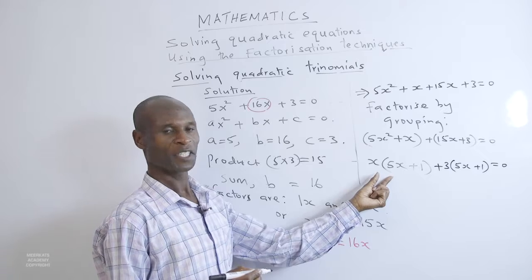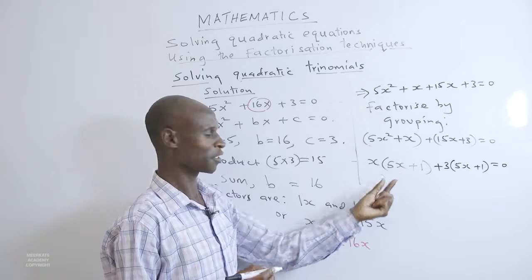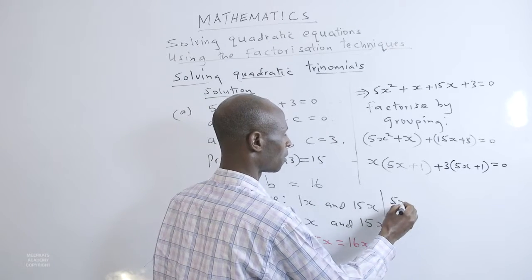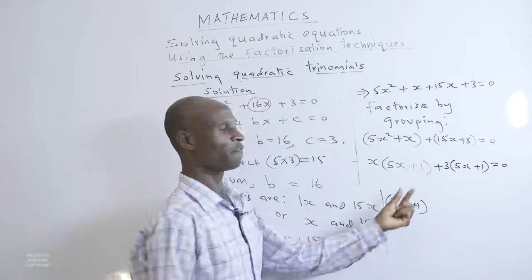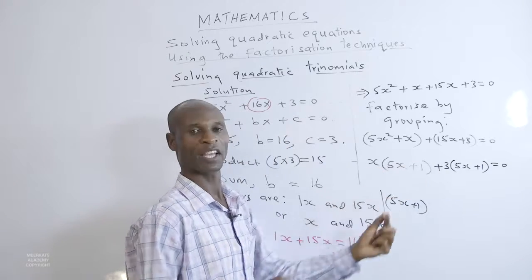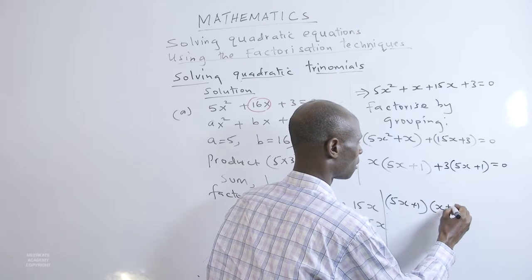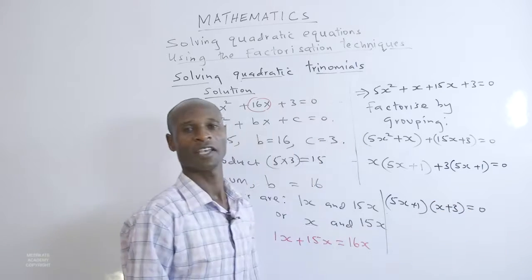We write the repeated factor, which in our case is 5x plus 1, followed by the other factor, which is x plus 3, which gives us 0.